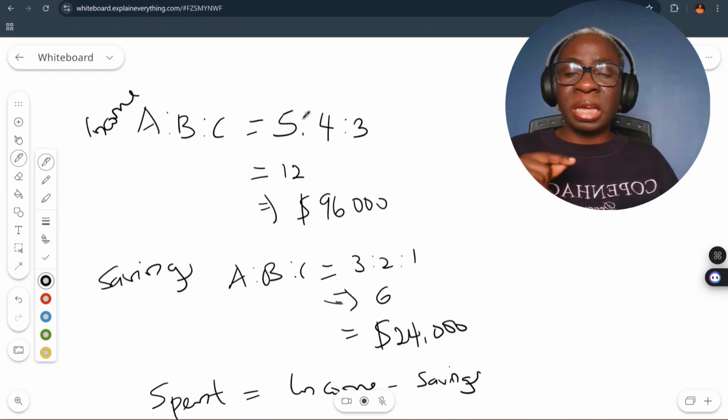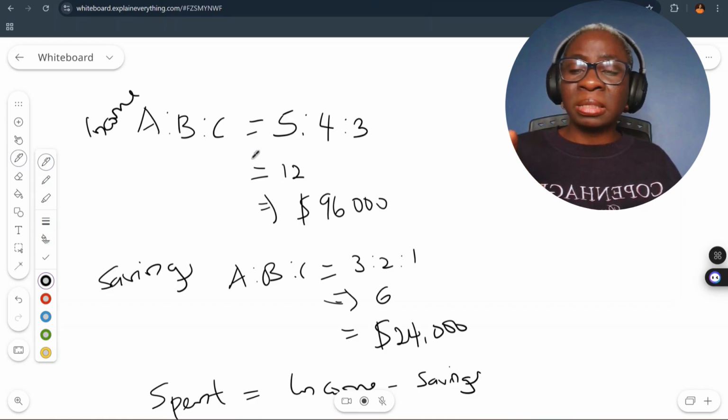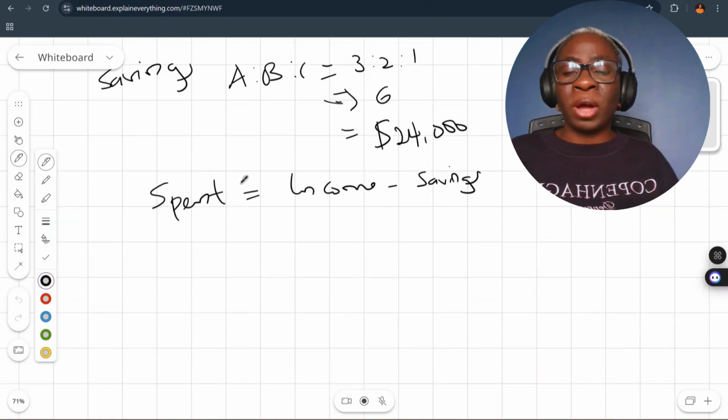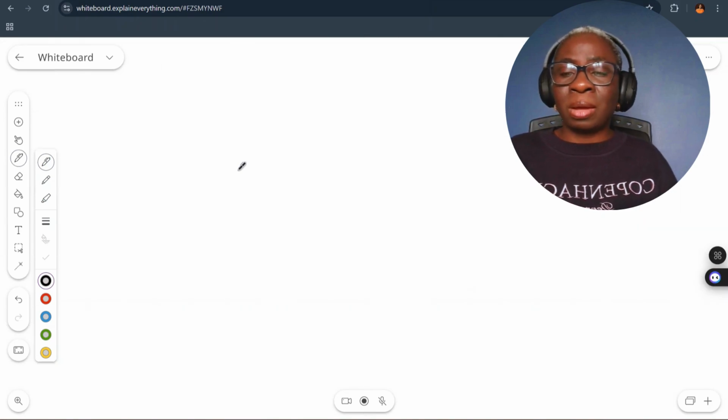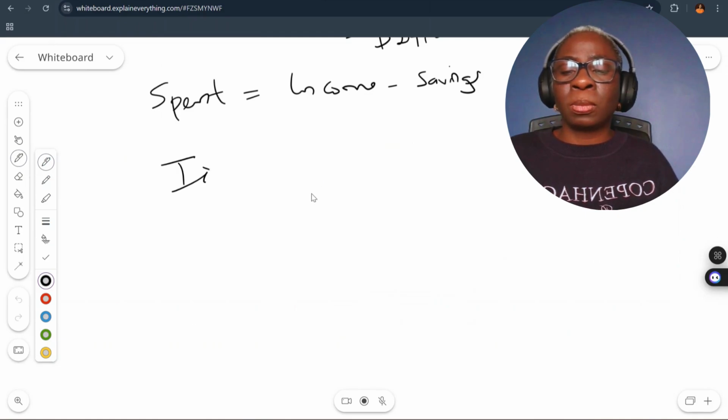The ratio for the income of A is 5 and the total ratio is 12. So that means A's income is 5/12 of the total income. Now let's calculate the income for each of them.